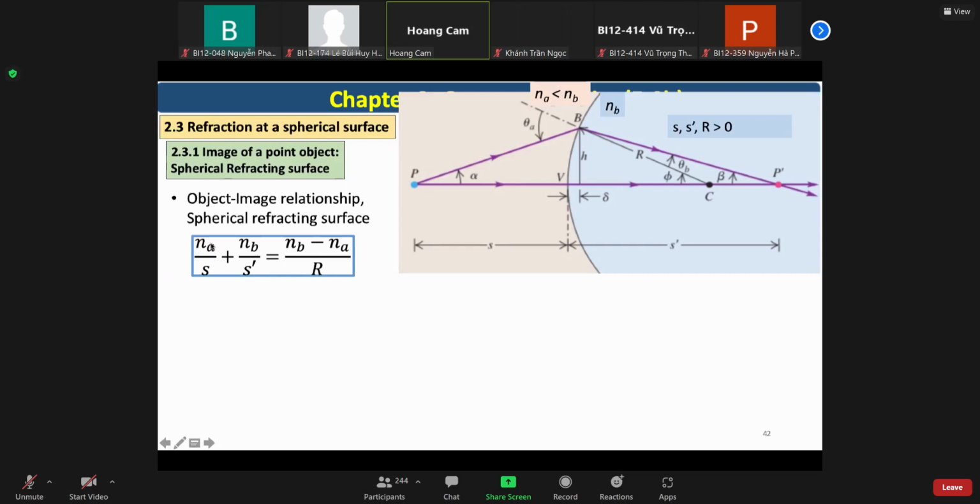And if we see NA corresponding to S, the refractive index of the material which includes the incident ray or the object, here we have NA in the numerator and S in the denominator, and NB, the second material, corresponds to the image distance.